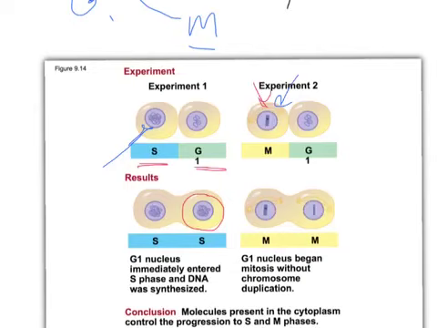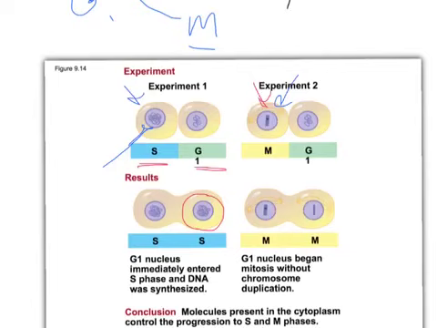Same thing with the S phase cell, right? So it's not something that's necessary in the nucleus because those nuclei are still separate. But in the M phase cells, the nuclear envelope is broken down so stuff can be kind of everywhere. So molecules present in the cytoplasm actually drive progression of the cell cycle.